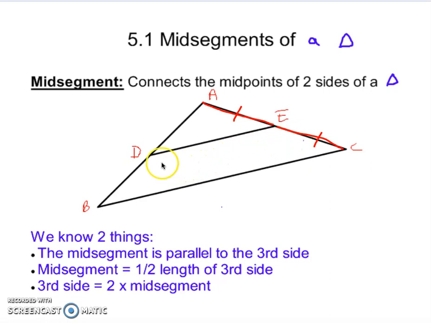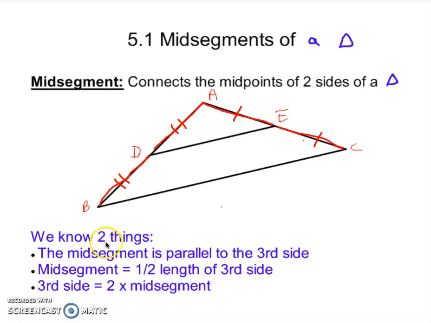And D would be the midpoint of AB, which would make these two congruent. So a midsegment cuts two sides of a triangle in half.